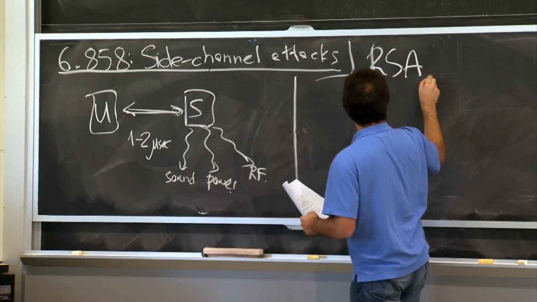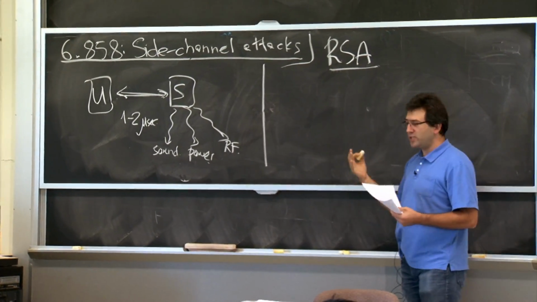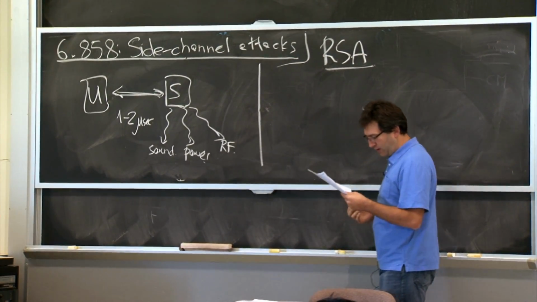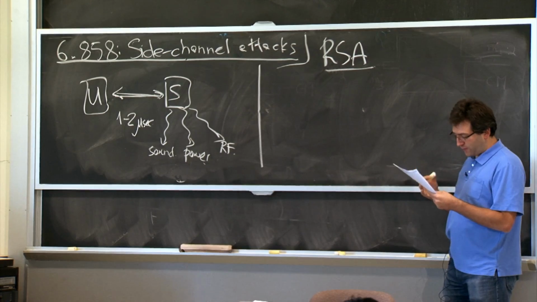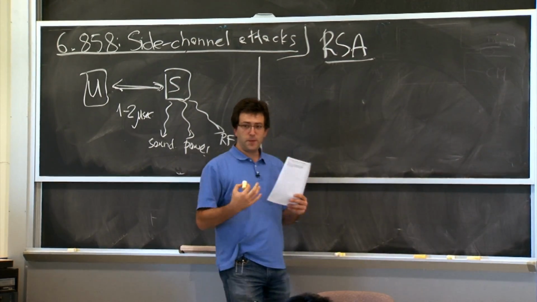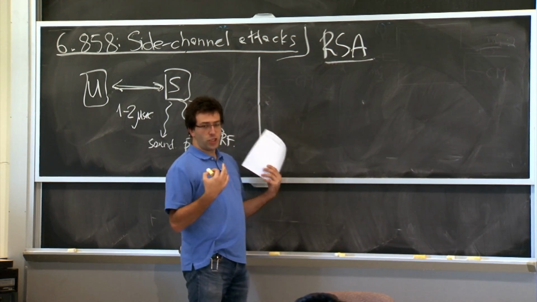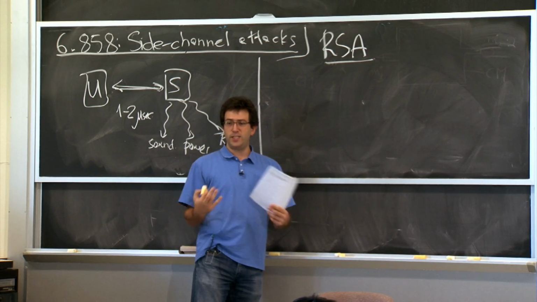So RSA is a pretty widely used public key crypto system. We mentioned it a couple of weeks ago in the context of certificates, but now we're going to look at how it works. Typically, there are three things you have to worry about: generating a key, encrypting, and decrypting.